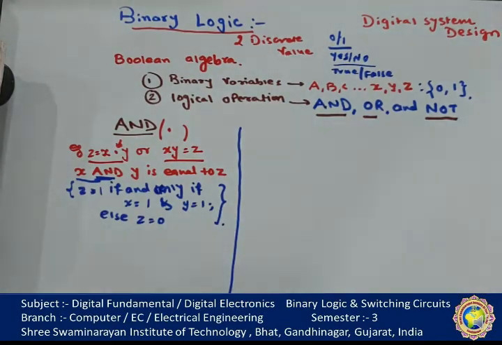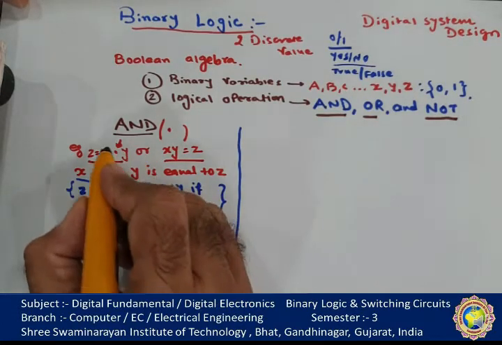Here I want to explain one table, the truth table. Note down please: a truth table is a table of all possible combinations of variables at the input side, showing the relation between the values that the variables may take and the result of the operation.